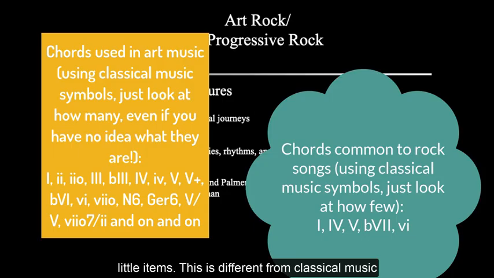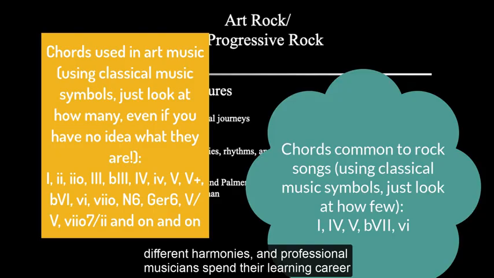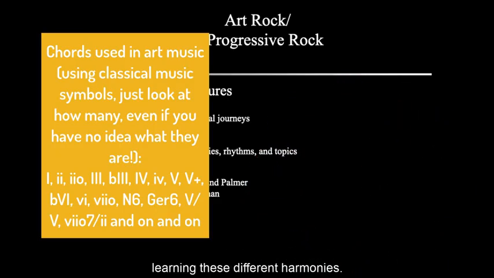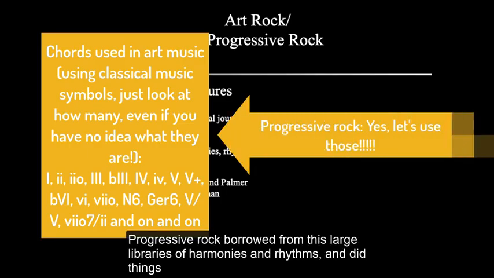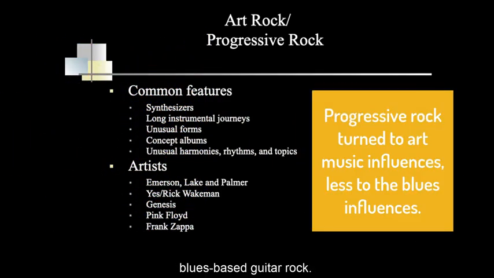This is different from classical music, where classical composers employed dozens and dozens of different harmonies, and professional musicians spend their learning career learning these different harmonies. Progressive rock borrowed from this large library of harmonies and rhythms, and did things that just were not typically done in mainstream or blues-based guitar rock.